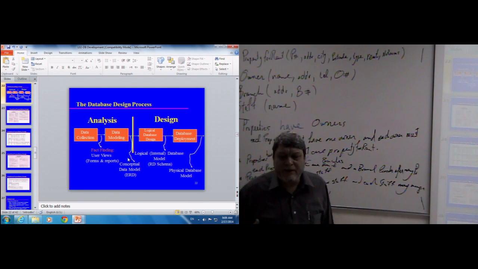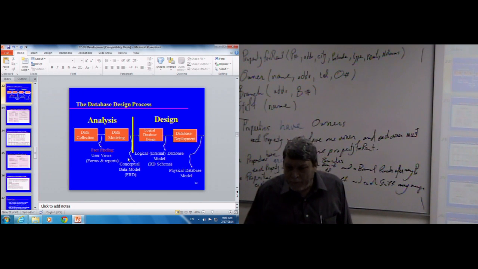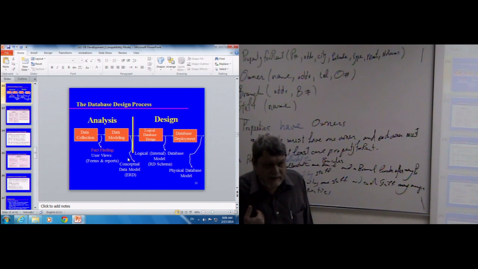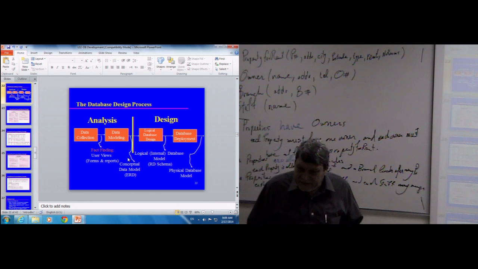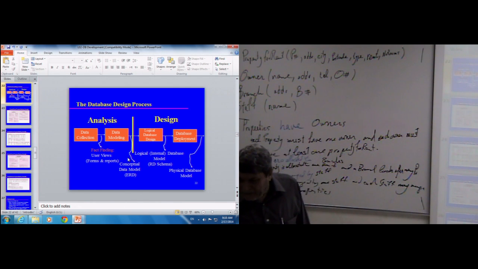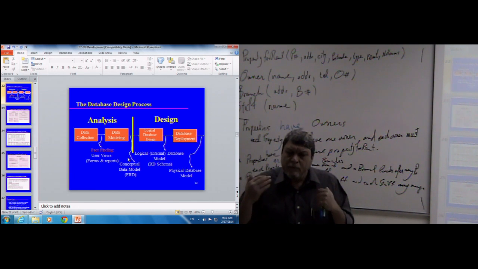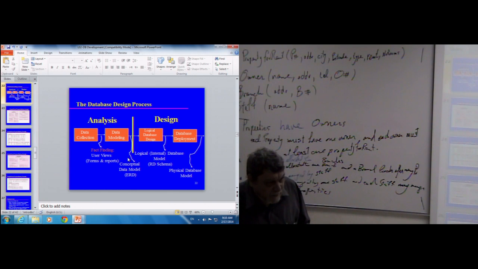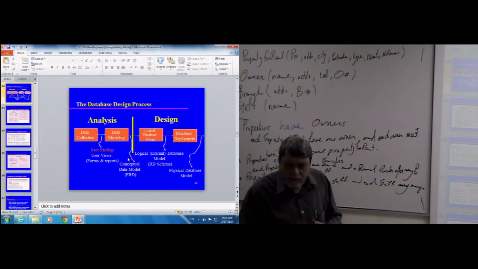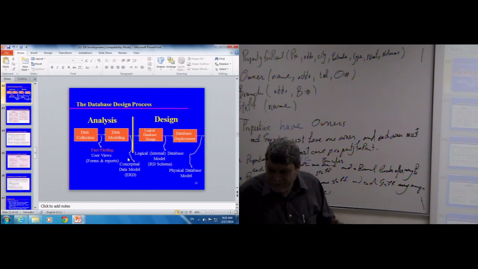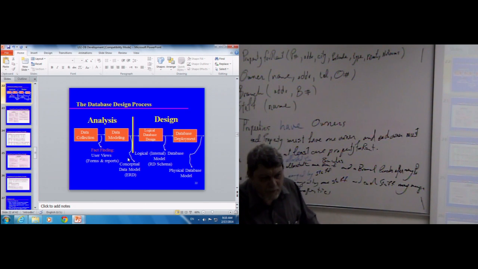In order to make sure that we understood him properly, that our understanding of the requirement is correct and complete, nothing missing. I really understand the types of entities, the types of attributes, the relationships between them. I need to guarantee that my understanding is perfect. So I need to communicate my understanding with the user, to study it with him and get his approval. Yes, this is the correct understanding.